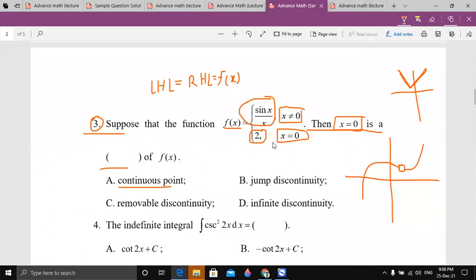If x is equal to 0, then we have to take y is equal to 2. You see here x equal to 0, then y is equal to 2. But when x is not equal to 0, then we have to take the upper function, sin x by x, okay? So that's why we take sin x by x. That's why we don't take 2, okay?